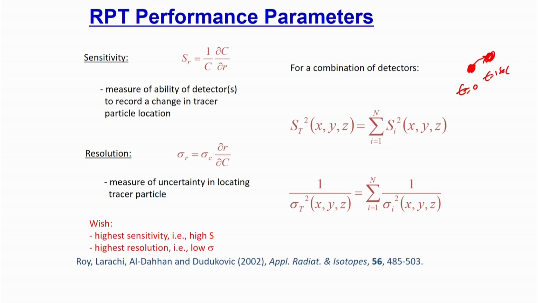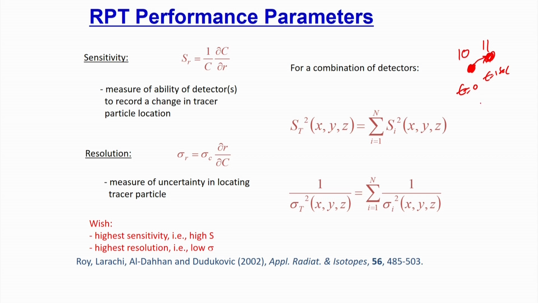Sensitivity says that if the particle moves from this place to this place, whether I will see any change in the count on the detector or not, because we are going to reconstruct based on any change recorded in the detector count. So, if here the detector count is 10 and here it is 11, obviously it is very difficult to find whether there is any movement or not, because gamma radiation itself is a statistical quantity.